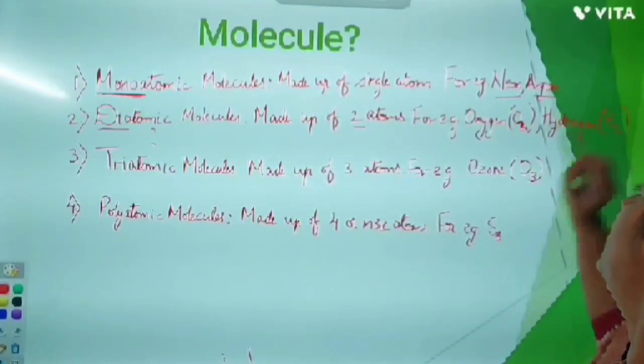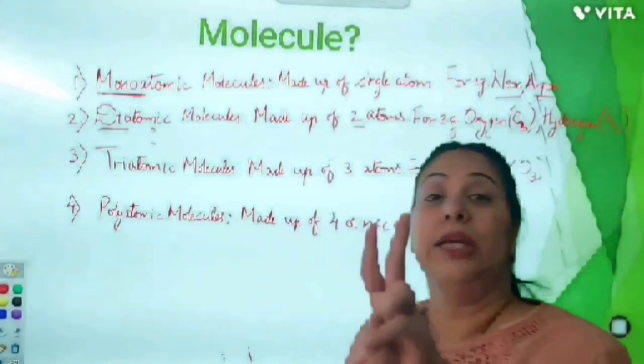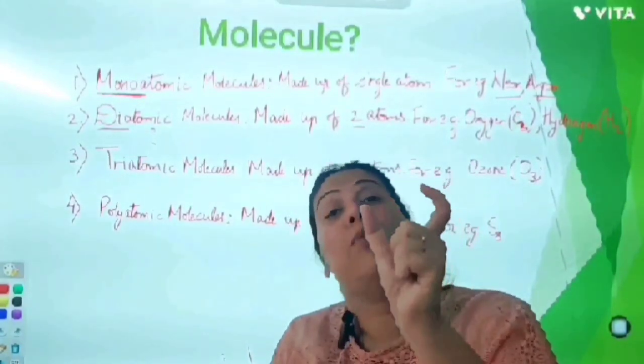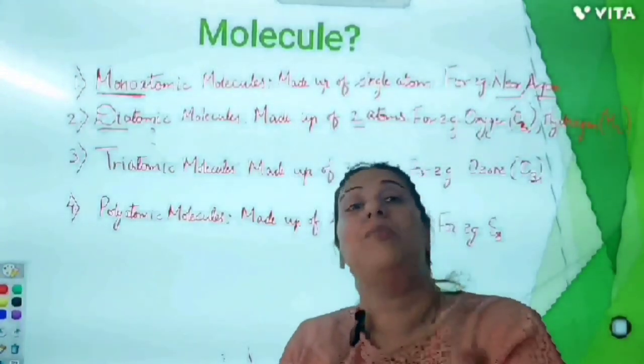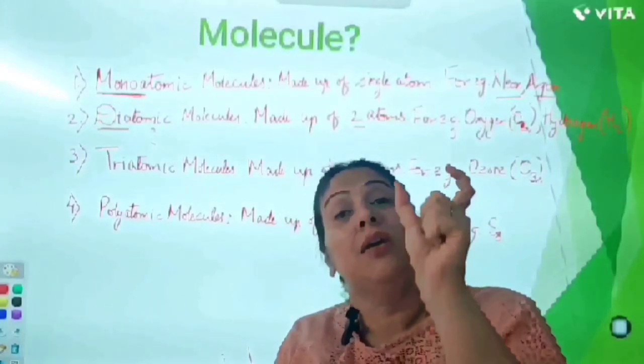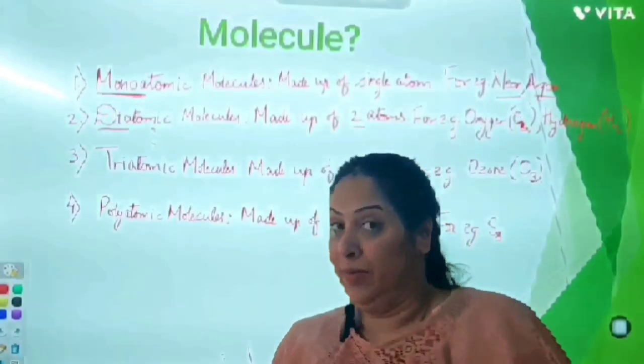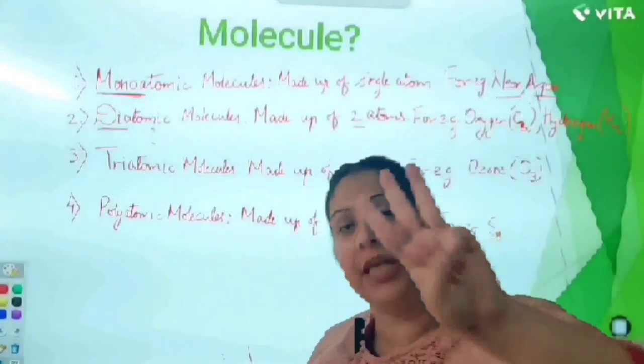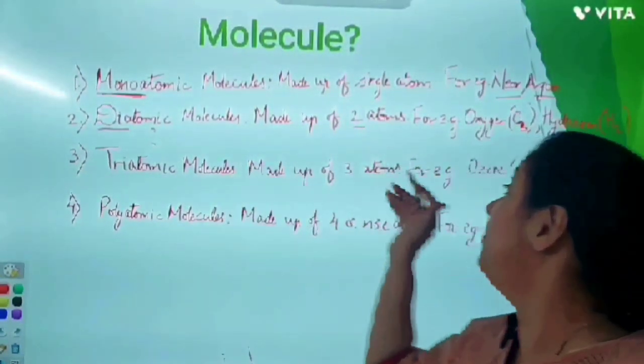Examples are oxygen. See this 2 written below. That indicates that one molecule of oxygen or one molecule of hydrogen or one molecule of chlorine is made up of 2 atoms. Then we have triatomic molecules made up of 3 atoms.